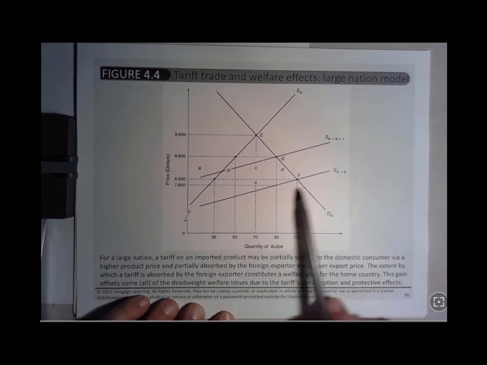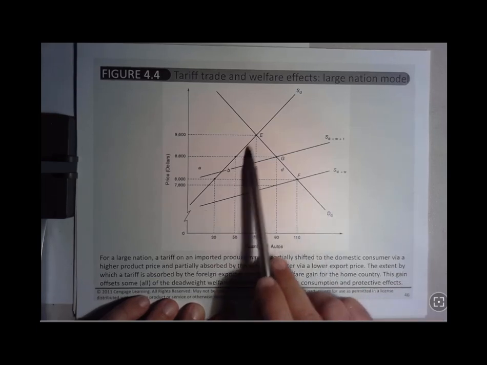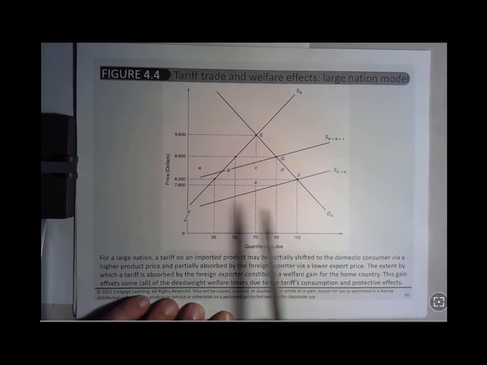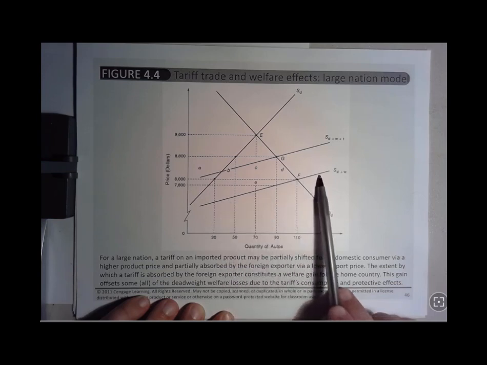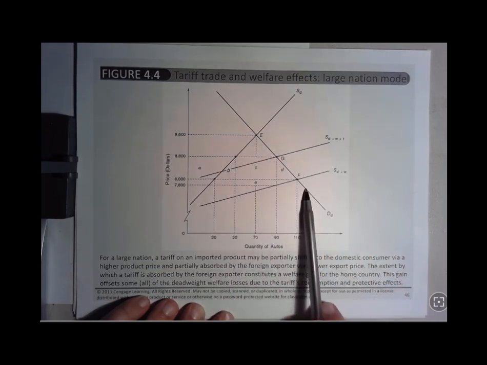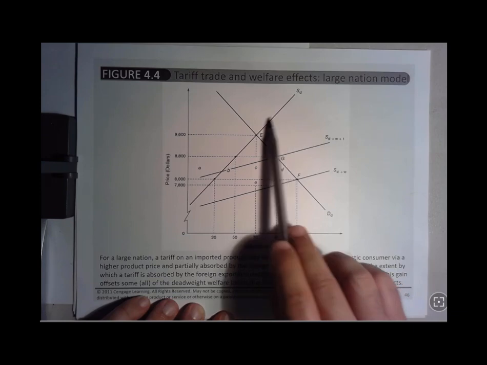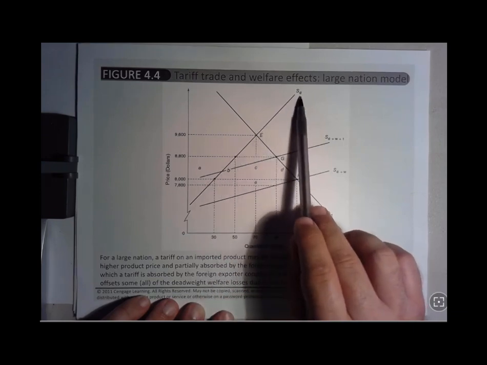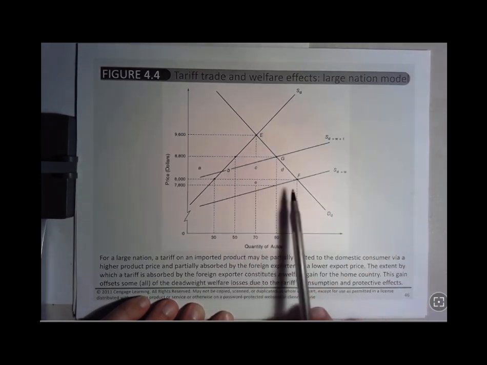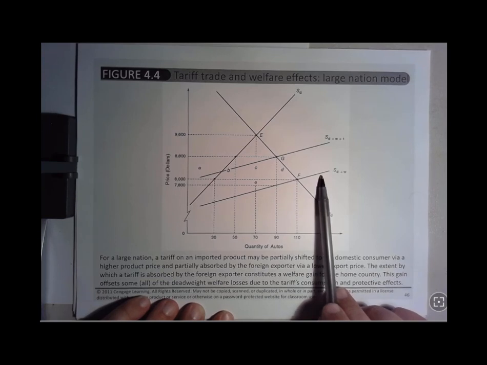Now we have an upward sloping curve as usual, not as steep as before, more flat, because here we have total control over the prices domestically, and here not so much, but we are not literally price takers. We are to a certain extent price makers.